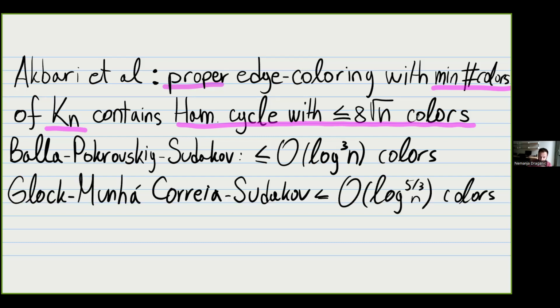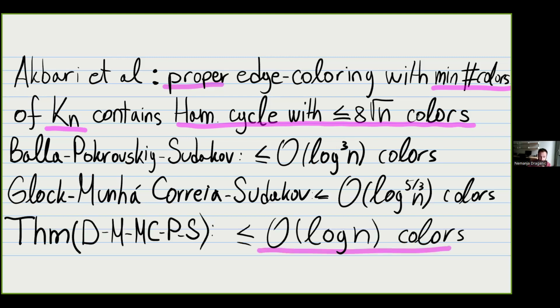Then from the result I mentioned by Stefan, David, and Benny, you can do it with log to the 5/3. And what we show, resolving a conjecture by Akbari et al. and proving basically an optimal result up to a constant factor, is that you can actually find the cycle with at most log n many colors.